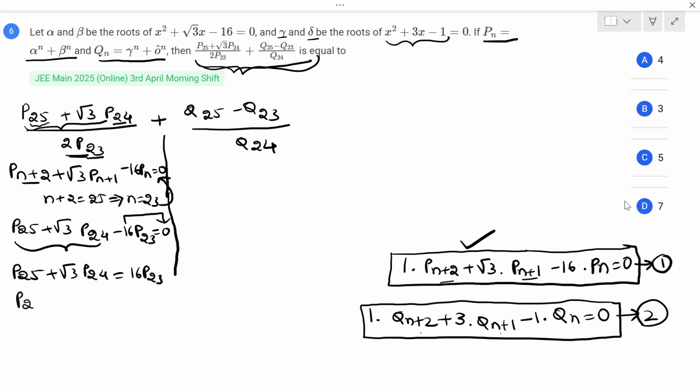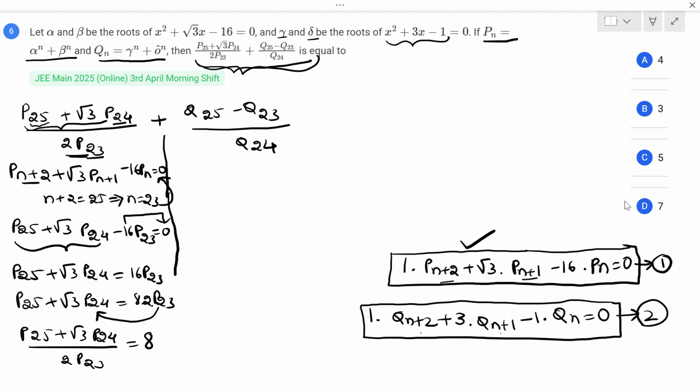So P25 plus root 3 times P24 is equal to 8 into 2 P23. If you bring it to the left side, it becomes the denominator. So P25 plus root 3 times P24 divided by 2 times P23 is equal to 8. So the left side value I got is 8.